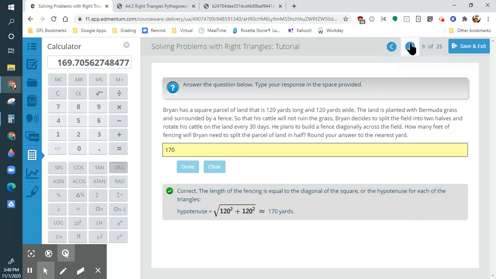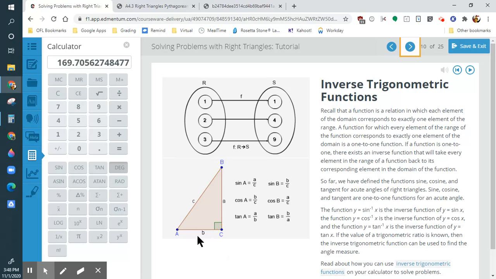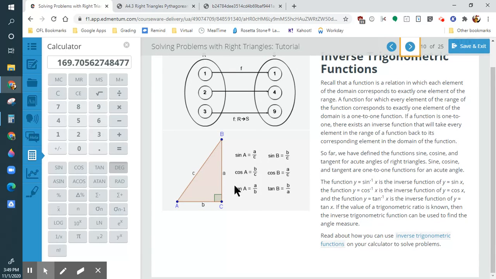All right, so now we're going to do the next problem. So inverse trig functions. Trig functions, like I said earlier, take an angle. So we're going to take angle A and we spit out a fraction. Inverse trig functions are going to take that fraction and give you the opposite.